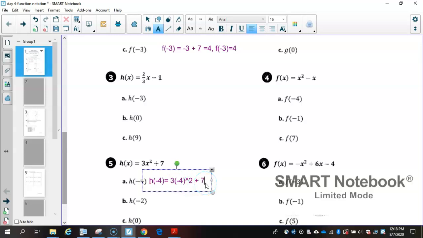And then I just need to go ahead and evaluate this. Well, I have to do my exponents first. So -4 squared is 16. And then I can multiply this to get 48 plus 7, which then is 55.